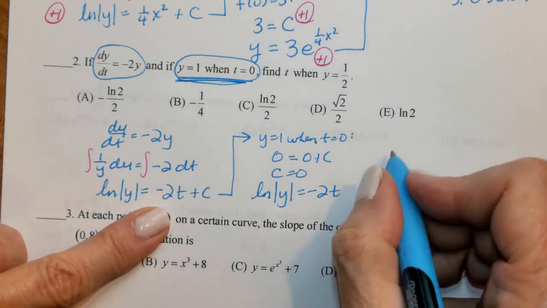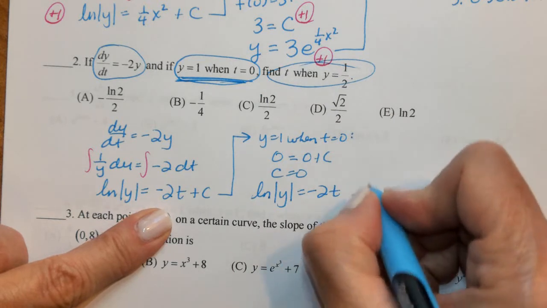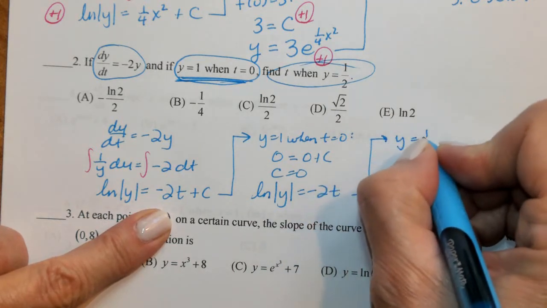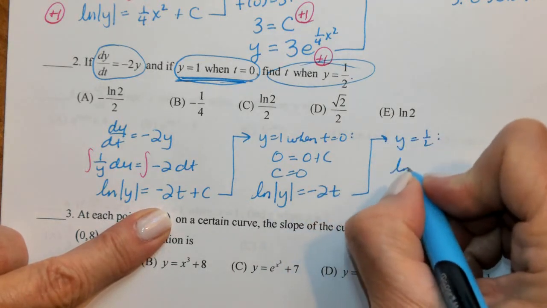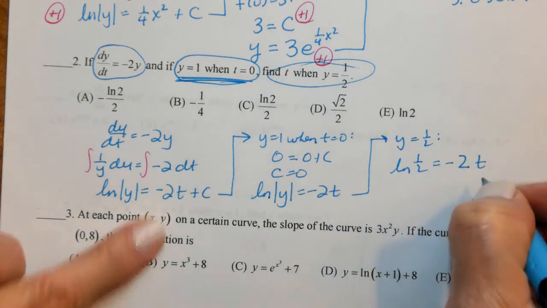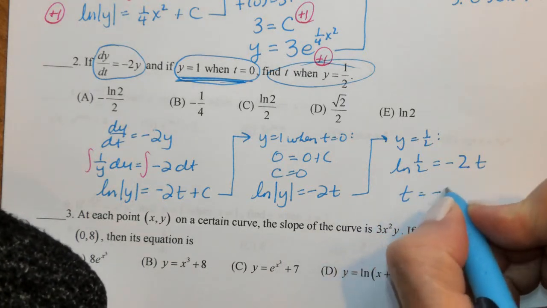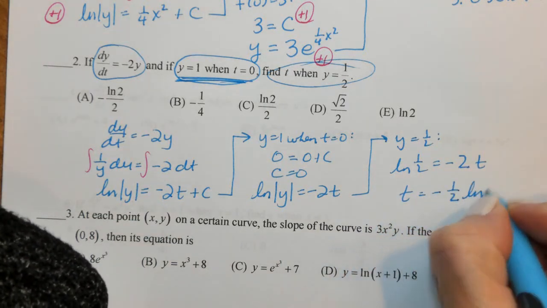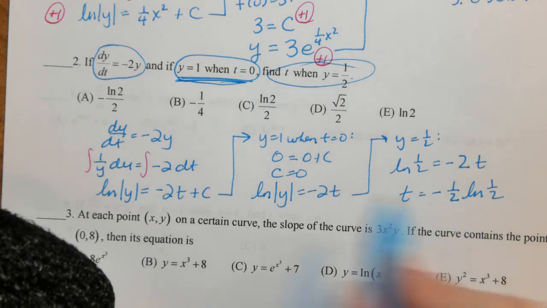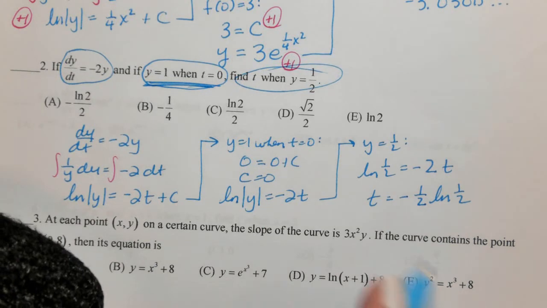Right? So now I want to find t when y is a half. So when y is a half, I'll have natural log of a half is negative 2t, right? So t will be negative 1/2 natural log 1/2. Is that a possible answer up here? No, it's not listed.